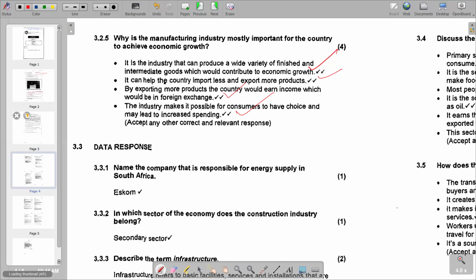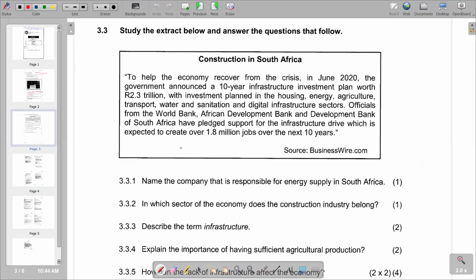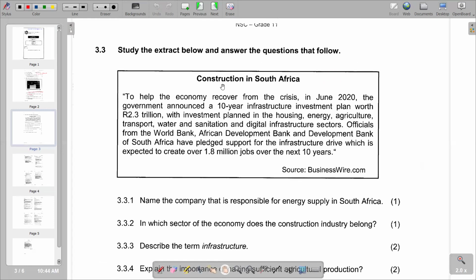So we go to the next question, which is now 3.3, and we are given an extract about construction in South Africa, which needs to help the economy recover from the crisis. In June 2020, the government announced a 10-year infrastructure investment plan worth 2.3 trillion rand, with investment planned in the housing, energy, agriculture, transport, water and sanitation, and digital infrastructure sectors.